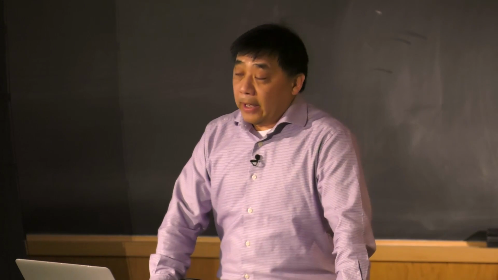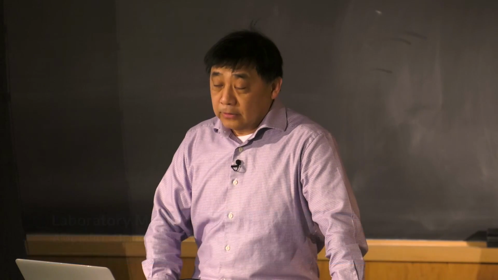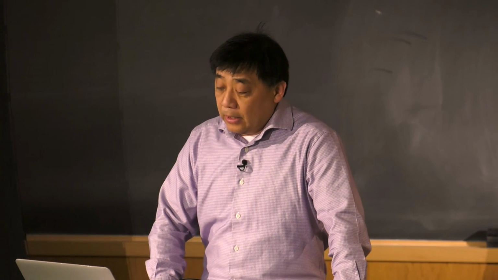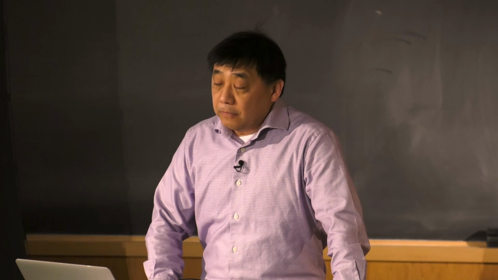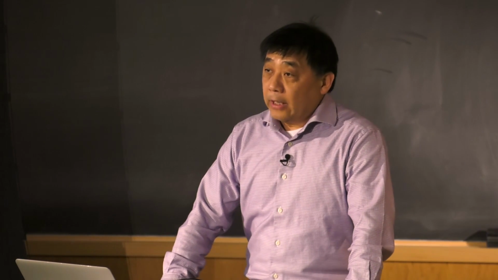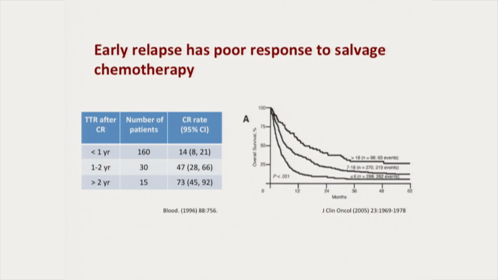Looking back in hindsight, you can see the patients who relapsed early are different from the patients who relapsed late. The proximity to the CR and the resistance to additional therapy prove they are very high risk, and probably related to the original disease, whereas the later relapses are more sensitive to salvage therapy.